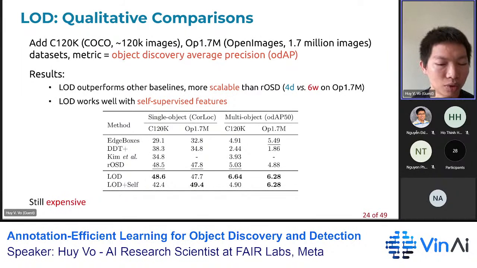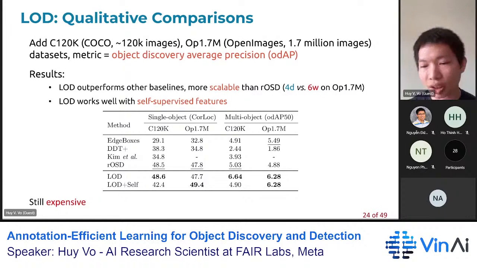But the issue with LOT is that it is still expensive, because in LOT we still define objects as visual patterns that appear frequently in the image collection. To find these, we need to consider the pairwise similarity of a large amount of region proposals in those images, and that is very expensive.